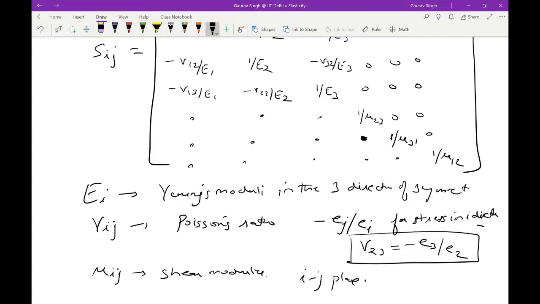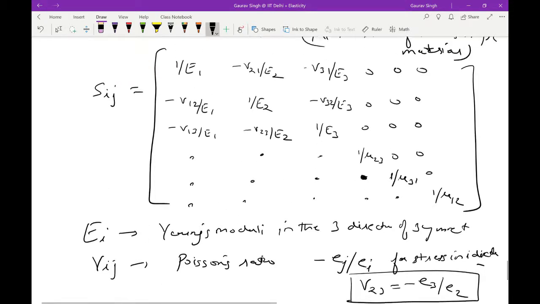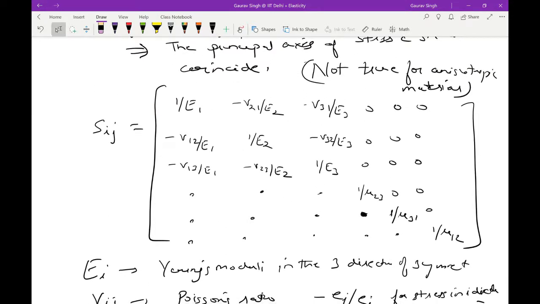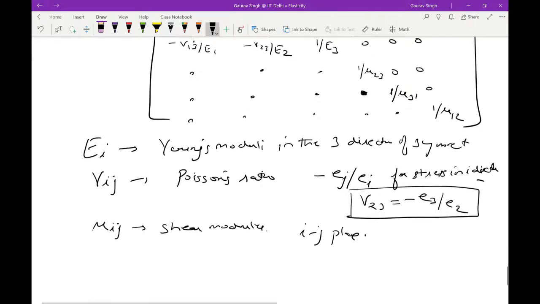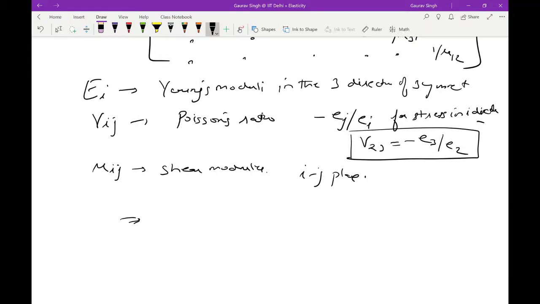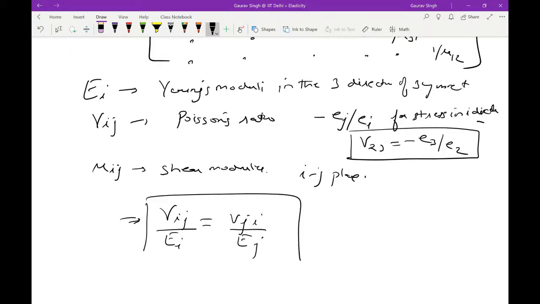Okay, since there is a symmetry over here, the compliance matrix is also symmetric, just like the elasticity matrix. So this term is equal to this term, and this term is equal to this term. So this would mean that nu ij by Ei is equal to nu ji by Ej. Okay.